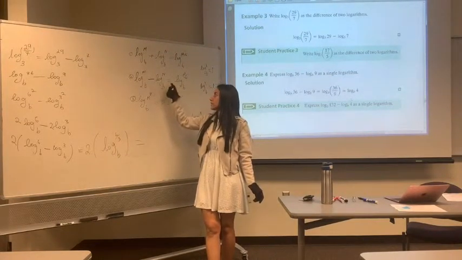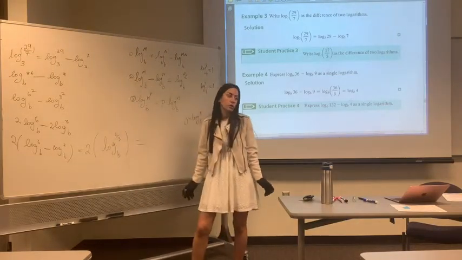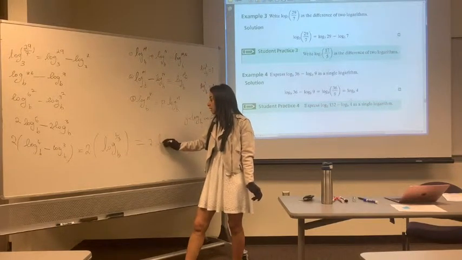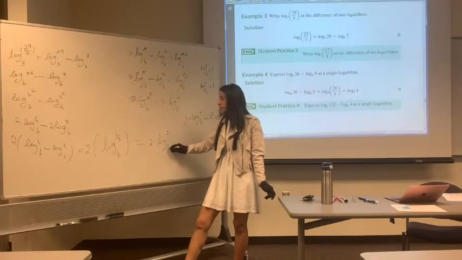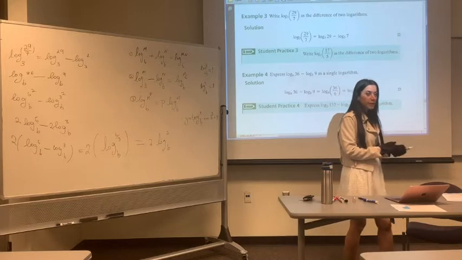Second rule says m divided by n if you have a negative sign between these 2 logs. So now continue that. Log of 6 divided by 3 is 2, base b. Correct?